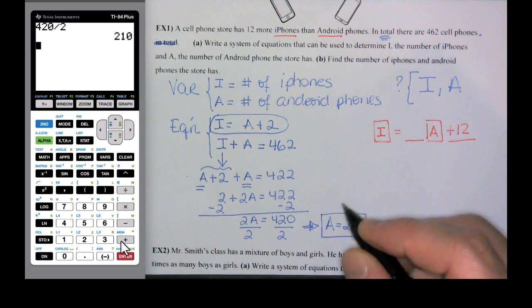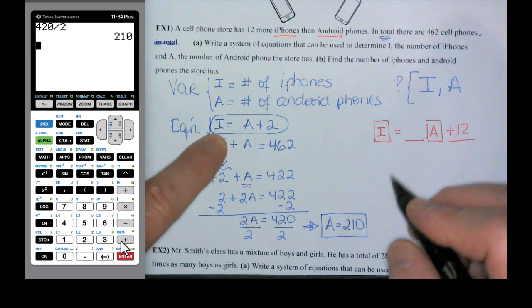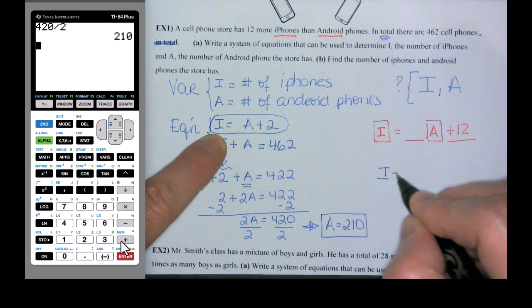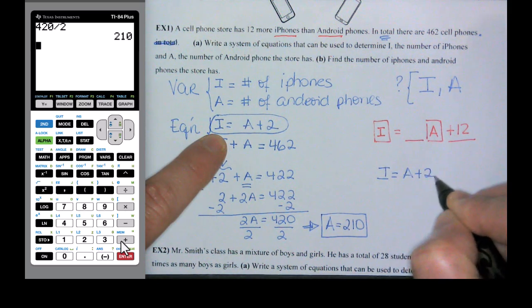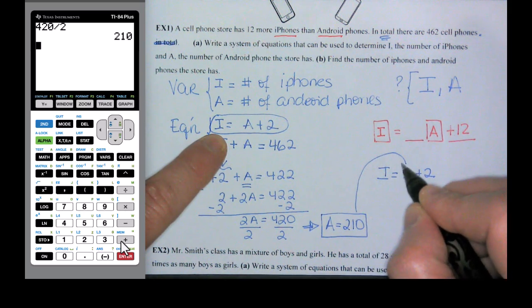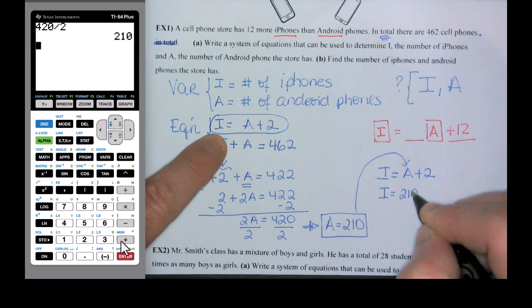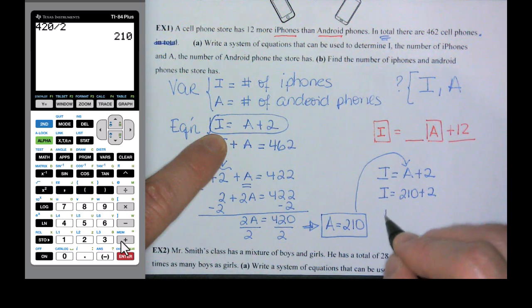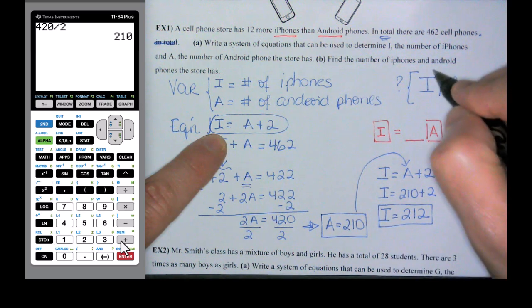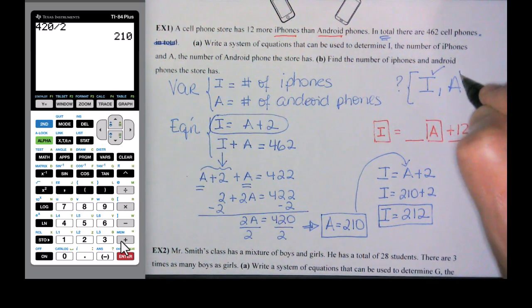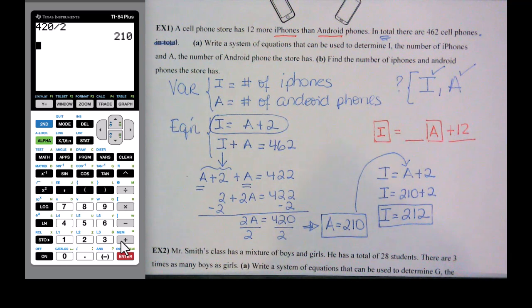Once you have that, you can choose the equation that is in a circle and copy that and bring this value that you found and plug it in. So I equals 225 plus 12. The number of iPhones is 237. So there you go. We found the value of iPhones and the value of Android phones.